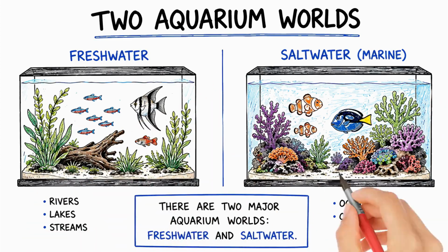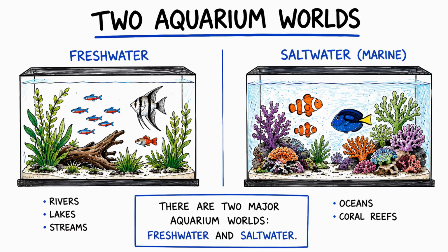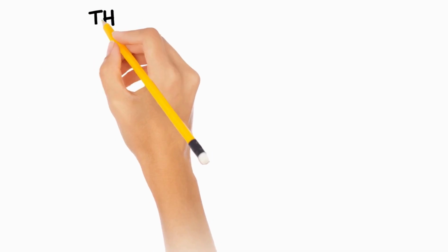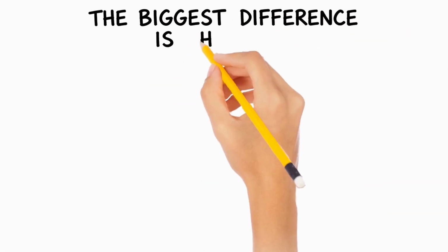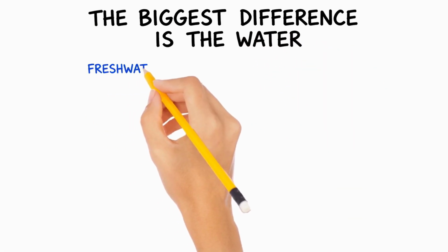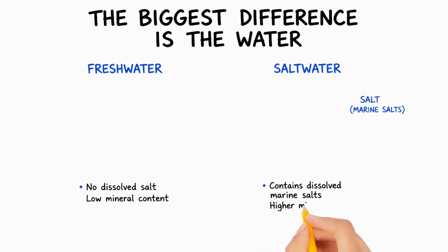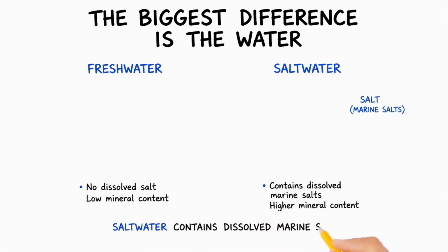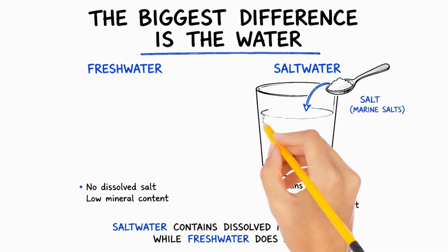Understanding those differences is the first step toward understanding how each type of aquarium works and which one might be right for you. The biggest difference between these two types of aquariums is the water itself. Freshwater aquariums contain water with very little dissolved salt, similar to what you would find in rivers and lakes. Saltwater aquariums, on the other hand, contain marine salts dissolved in the water, similar to the ocean.